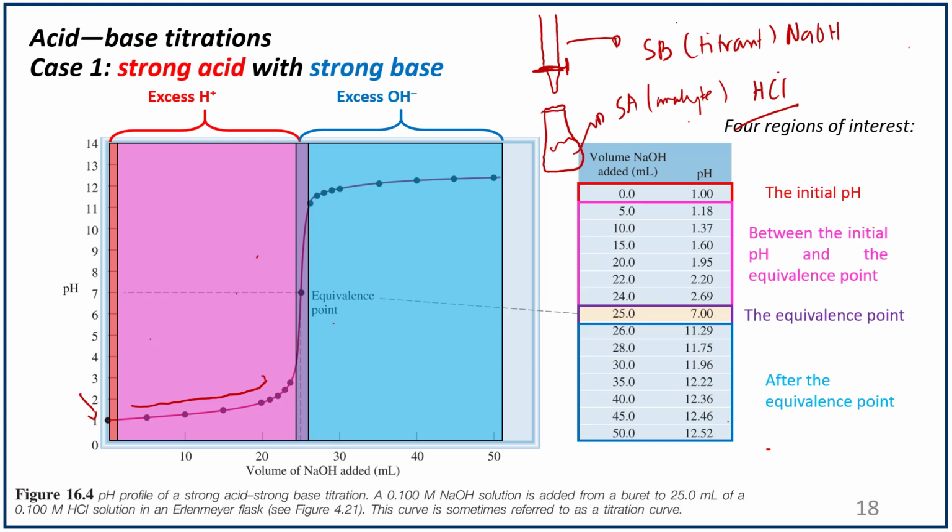Now, at a point wherein the number of moles of sodium hydroxide is equal to the number of moles of hydrochloric acid, they have fully consumed each other. Okay, what is left in the solution will just be water and sodium chloride.